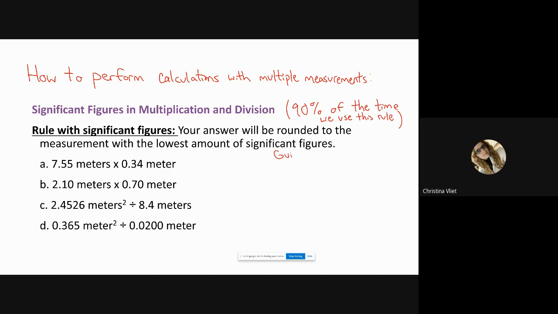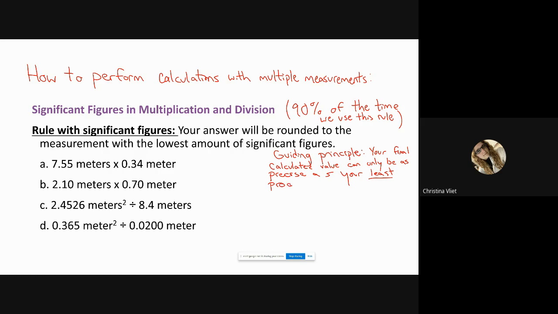The guiding principle of these rules, why they're there, is that your final calculated value can only be as precise as your least precise measurement.